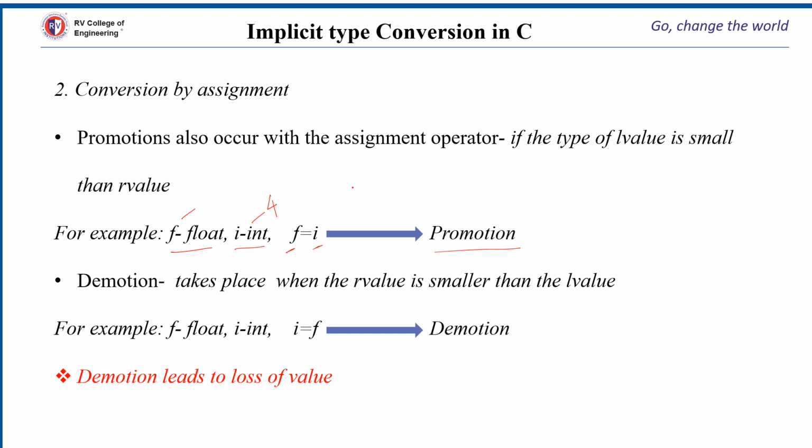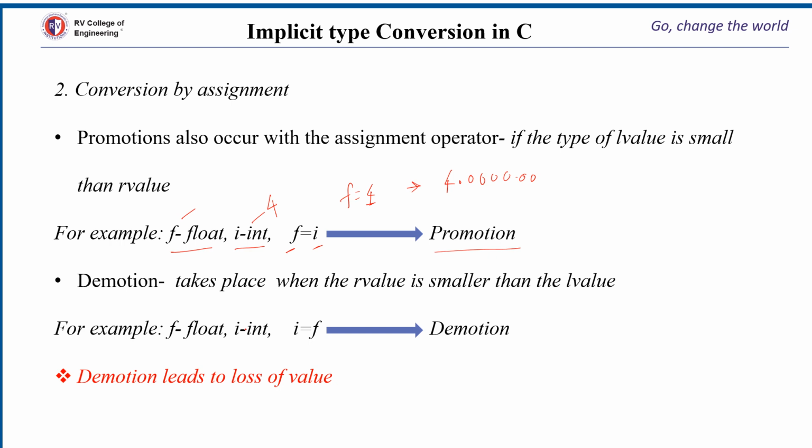So, whenever I assign f = 4, this will be stored as 4.000000. What is happening here? Your integer variable is promoted to float. But what happens in the reverse way?